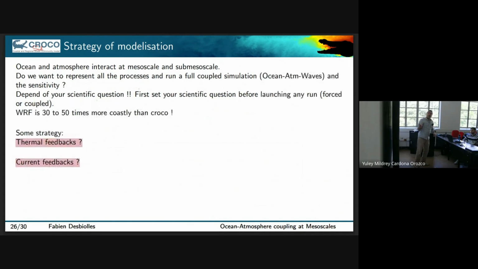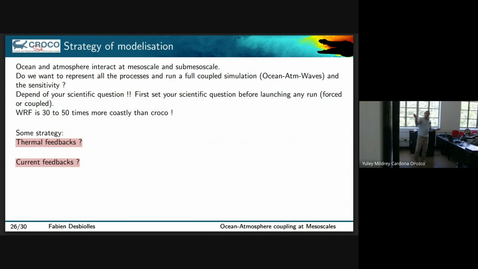Why? Because WRF is very demanding. It's like 30 to 50 times the computing of CROCO. So before launching anything, we might think, because it's very computing demanding, that it costs a lot of energy, CO2, etc. So this is not good for our CO2 footprint.